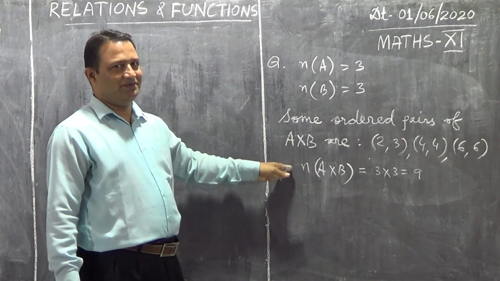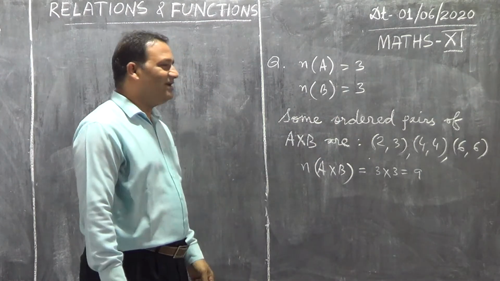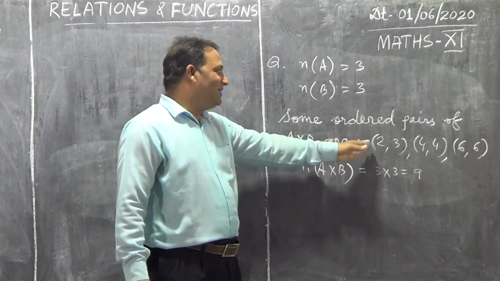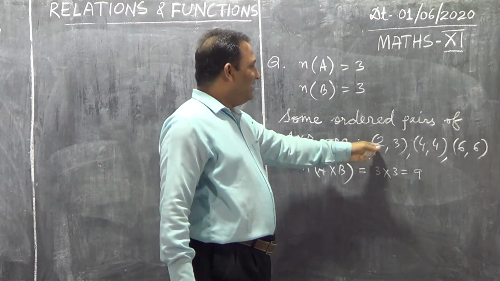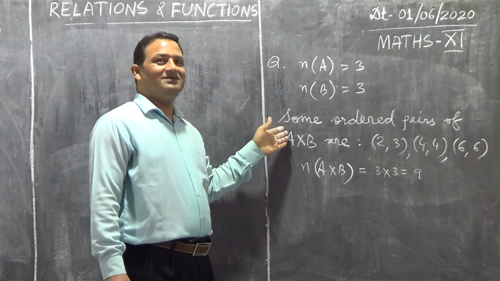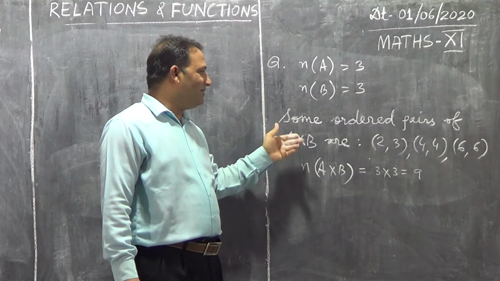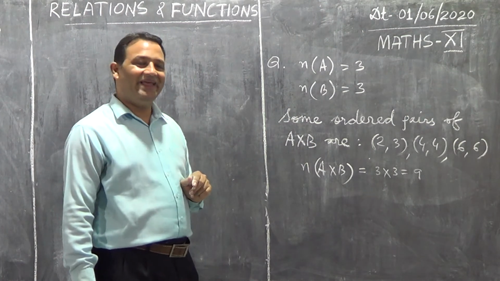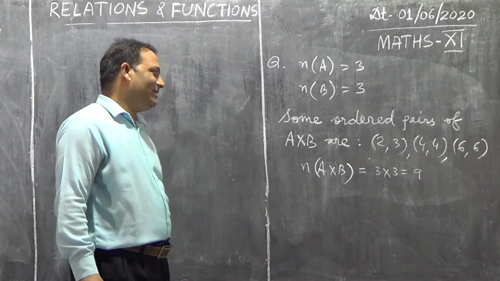Out of them, 3 ordered pairs are already given. We have to find the remaining ordered pairs of A cross B.